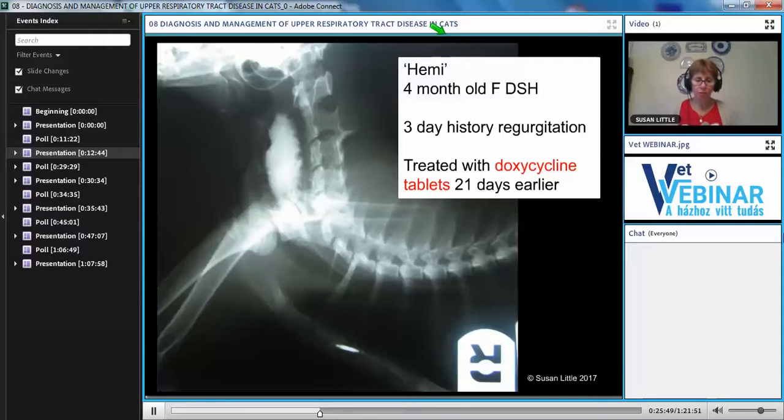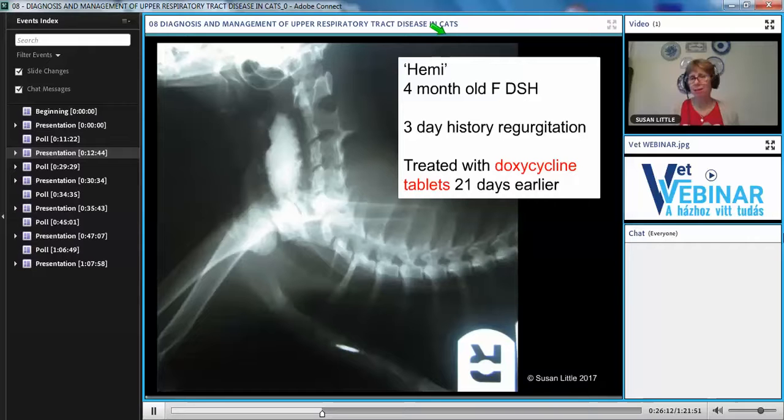And in her history, we discovered that she had been treated with doxycycline at the shelter because she had upper respiratory tract disease. So her treatment had actually been a few weeks earlier, and she'd been successfully treated for the upper respiratory tract disease, but now she had regurgitation. So true regurgitation, not vomiting, but true regurgitation.